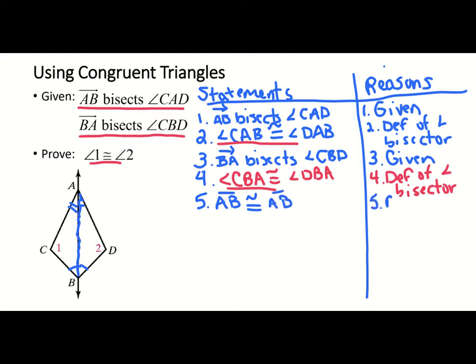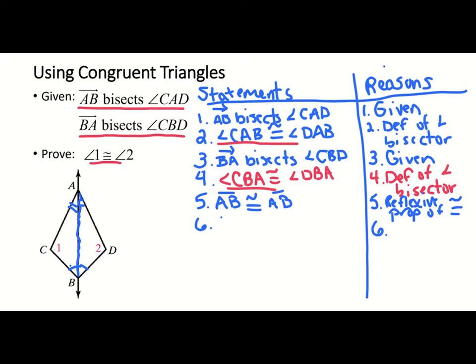And that's our reflexive property of congruence. Once I have that property in there, I now know that I can prove the two triangles are congruent through angle, side, angle.